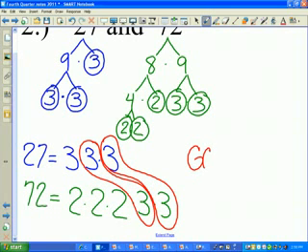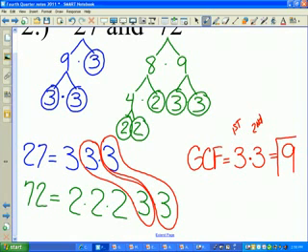So they have 2 sets of 3's in common. So that means I have 3 times 3, the 3 from the first grouping, and the 3 from the second grouping. So that means my GCF is a total of 9.